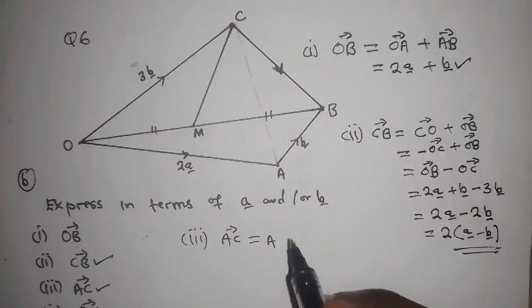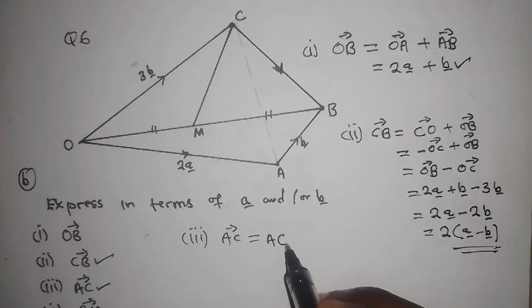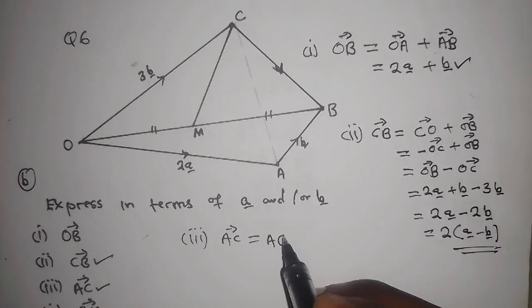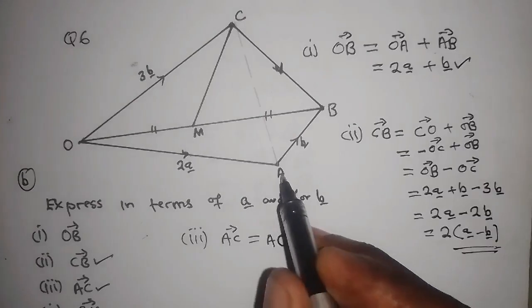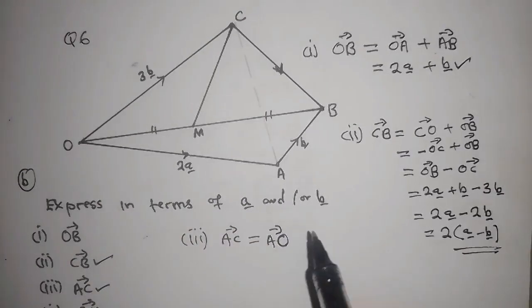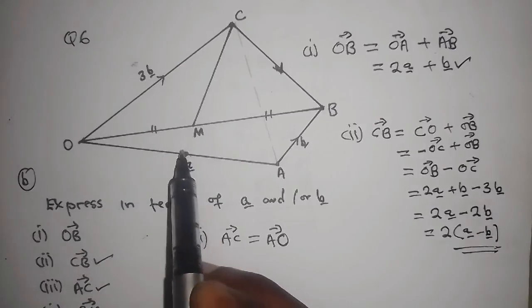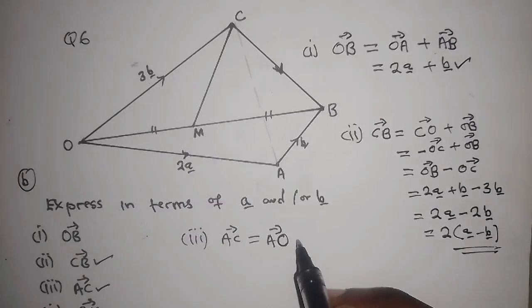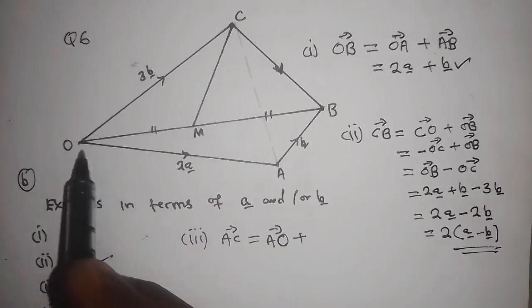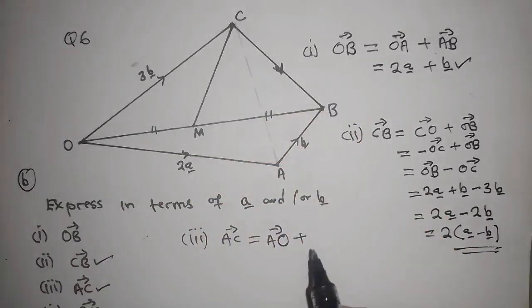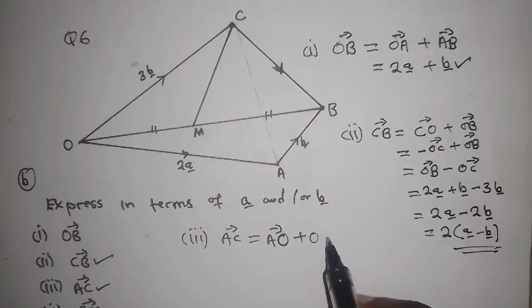At the end of the day, you have to ensure that you make a triangle. So AO, and you have to be very careful: are you moving against the original direction? So AO plus, then we ended at O, plus OC.